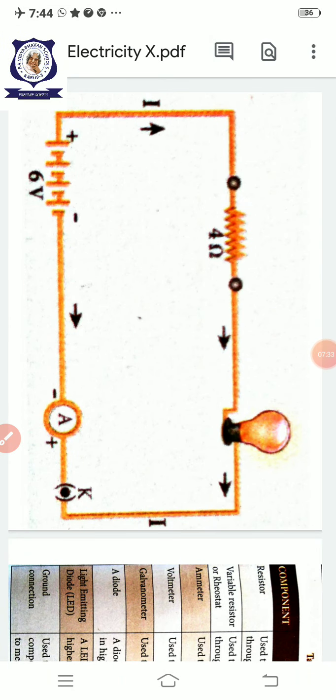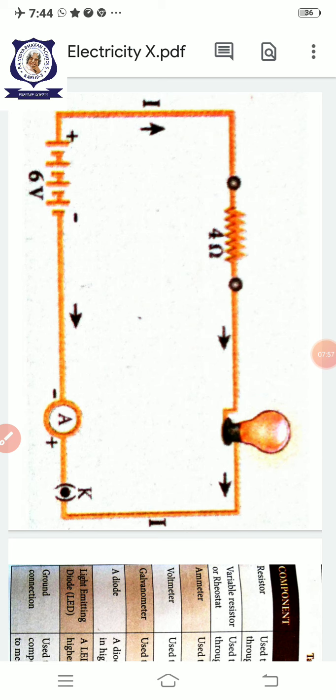In this circuit, 6 volt is a battery, A is an ammeter, K is a key, a bulb and a resistance of 4 ohm. These are all the components. What are the components in this circuit? Key, ammeter, battery, a bulb and a resistance.